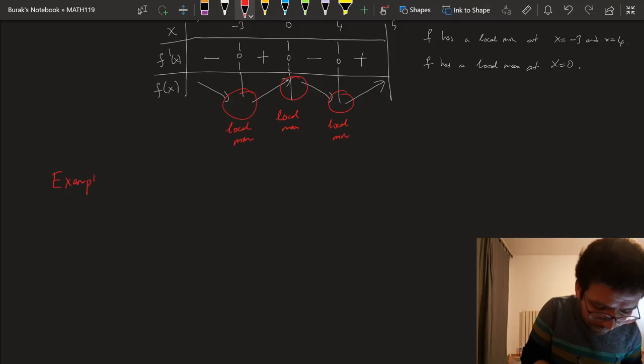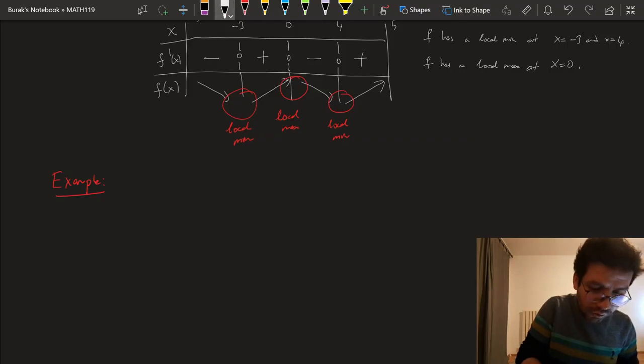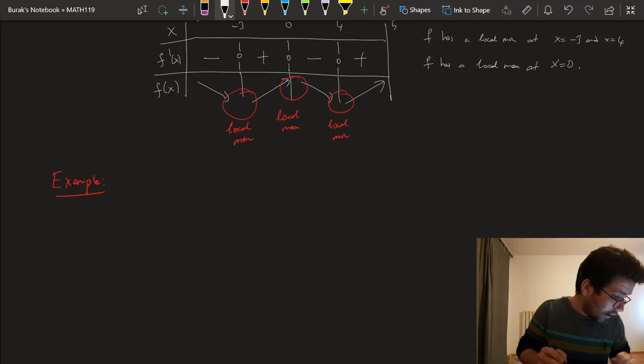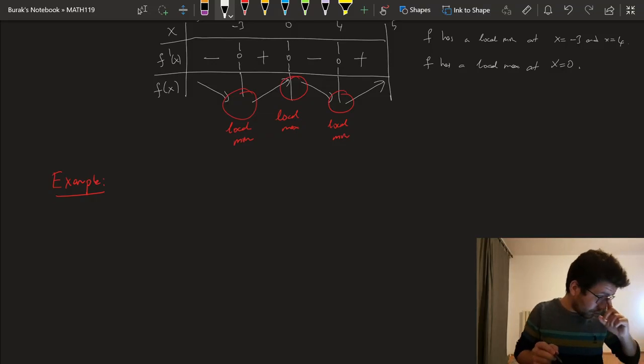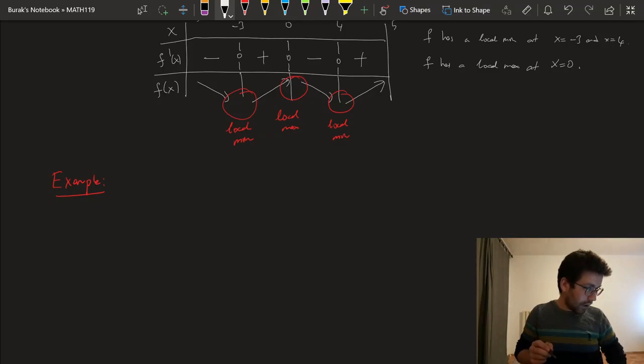Example. So another question which involves the first derivative test. Okay.